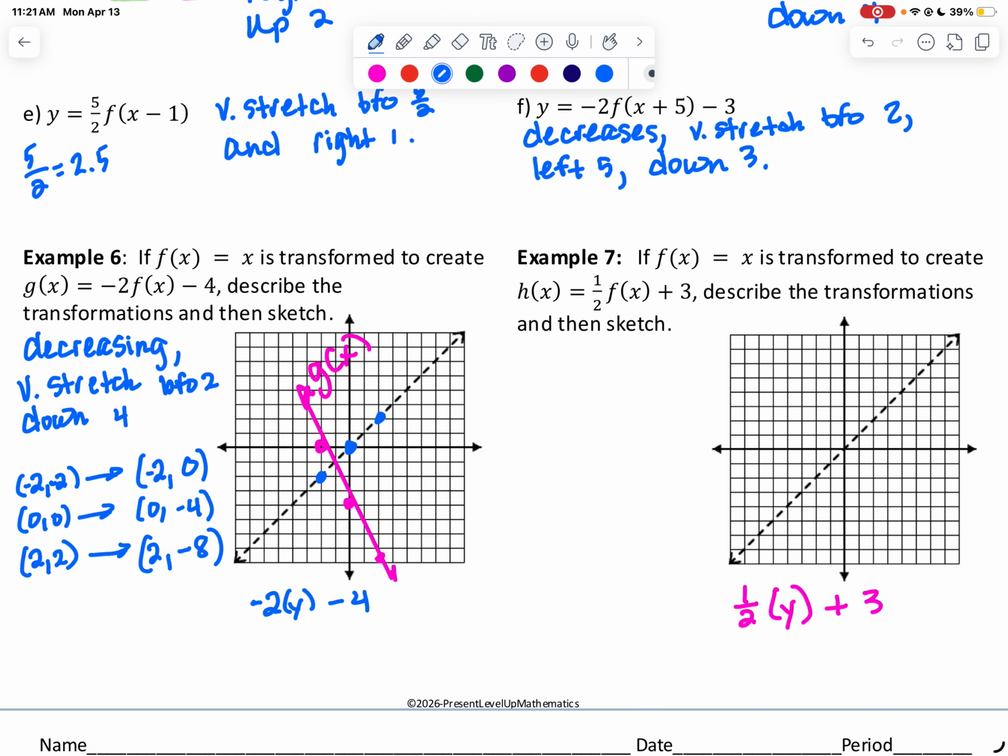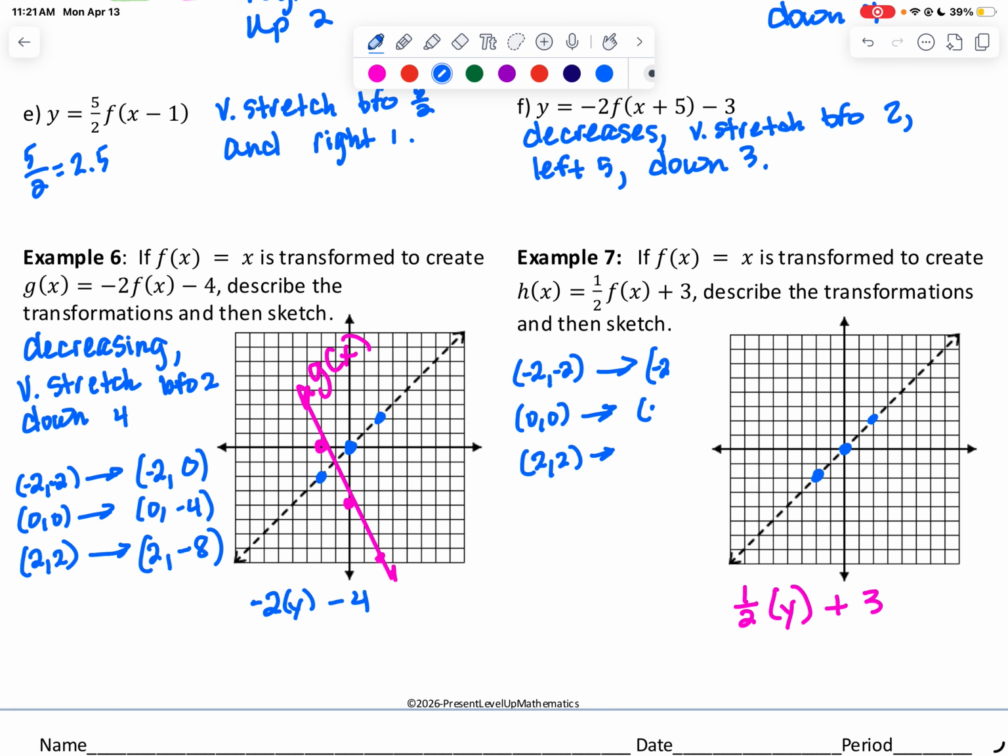These are points on the parent function: -2, -2, 0, 0, and 2, 2. I'll plot them for you so you can see them.